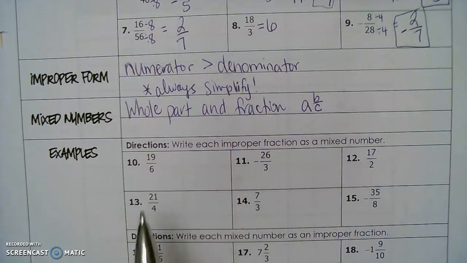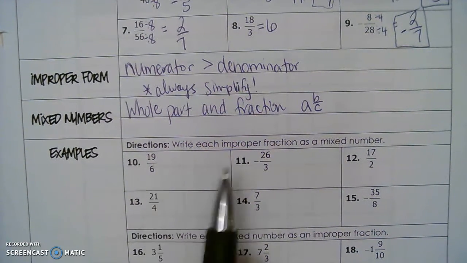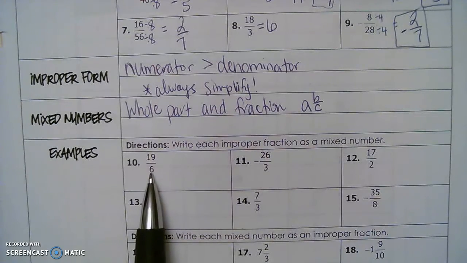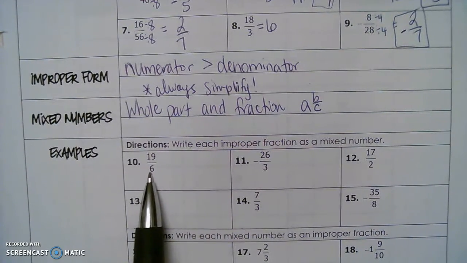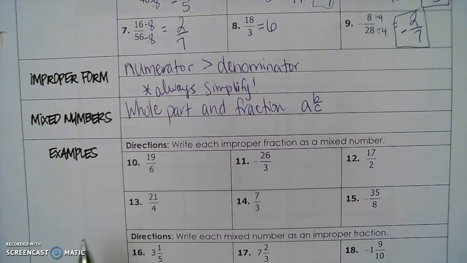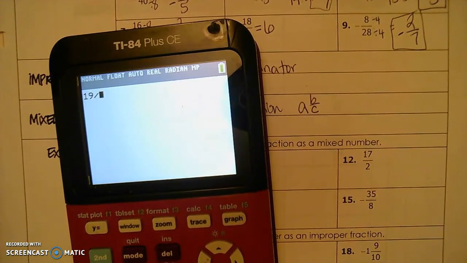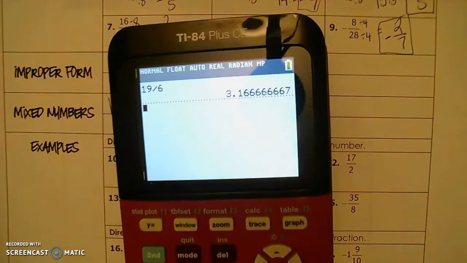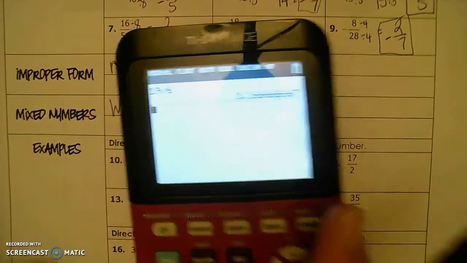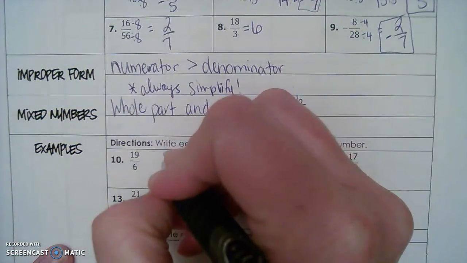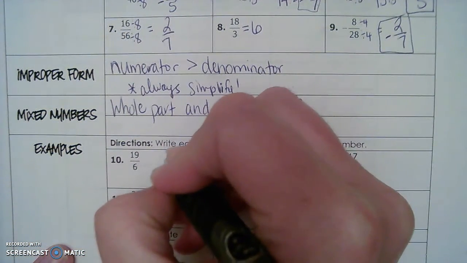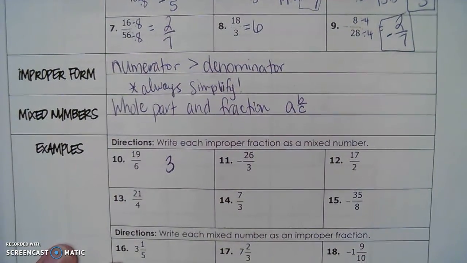So when you are going from an improper fraction to a mixed number, what you have to do is figure out how many times the bottom number, in this case 6, goes into 19. Now, if you aren't sure, you can do 19 divided by 6, and notice we get 3 as our whole part. So ignore the decimal, and we know we have 3.